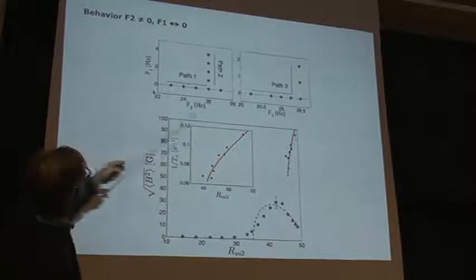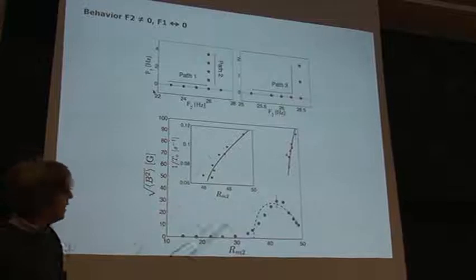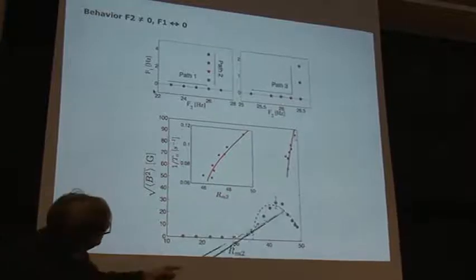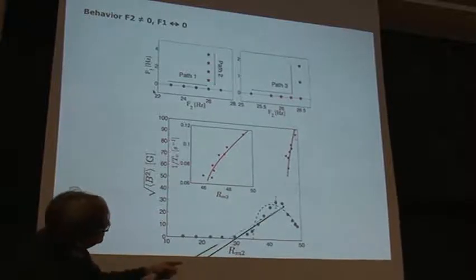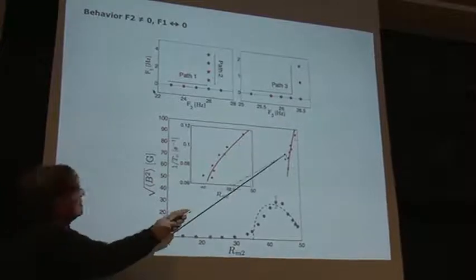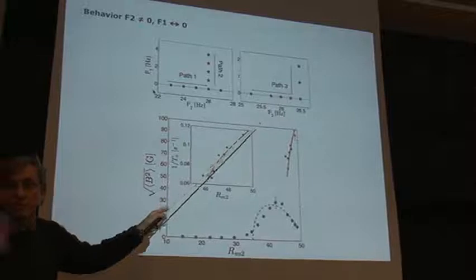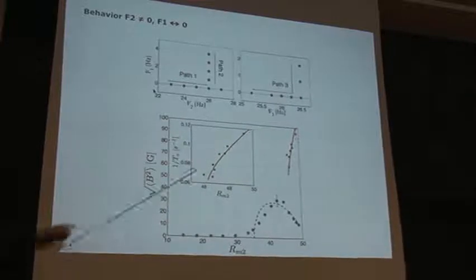Here I'm oscillating, and if I go this path, I keep the oscillation. So I have one region of parameter space where I have a stationary dynamo if I started from F1 equals 0, or an oscillatory branch if I started from F1 not equal to 0 and decreased it. And those lines are fixed.